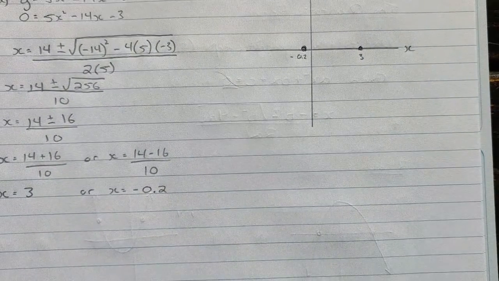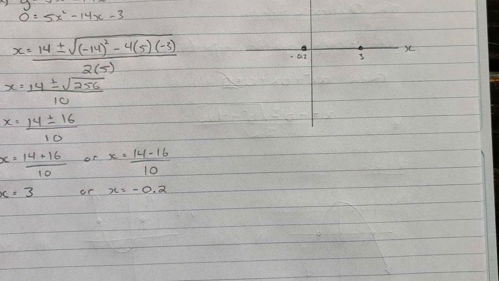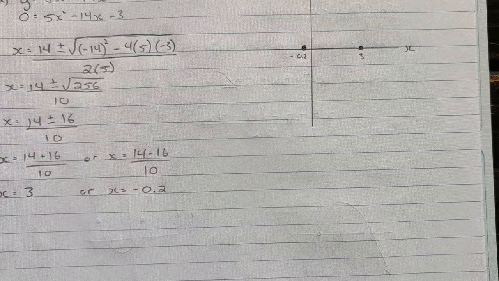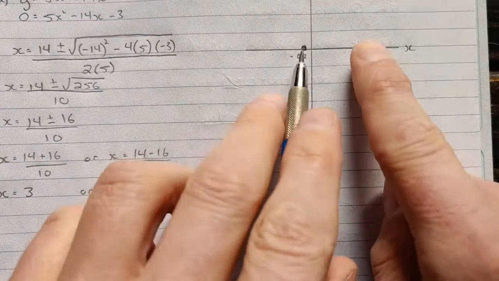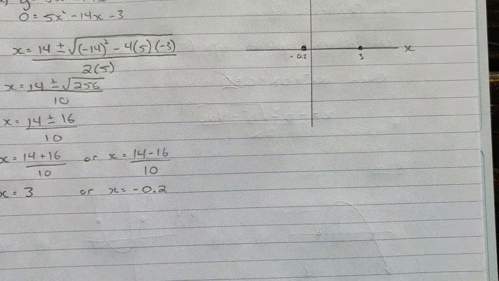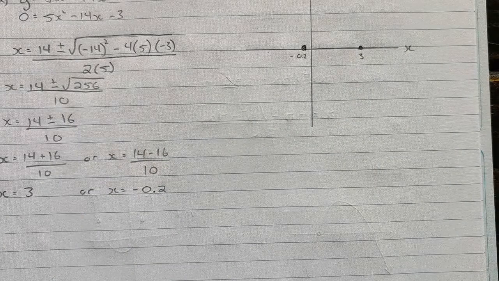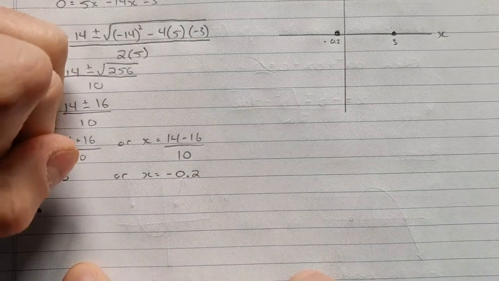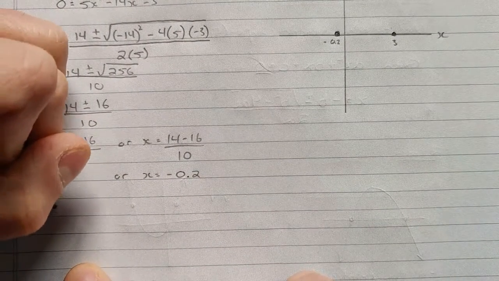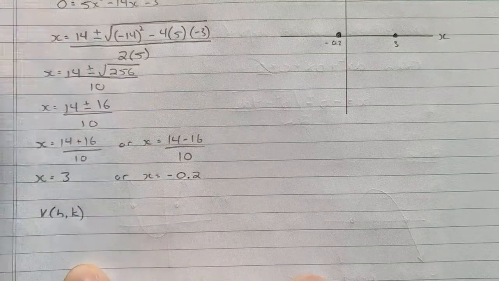Now, recalling that a parabola is symmetrical about any two pairs of points on the same line, we can find the x value of the vertex by finding the middle of these two values. The vertex we often write as (h, k).